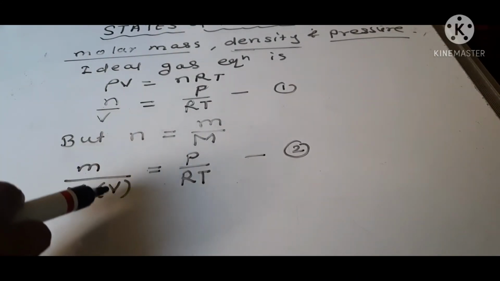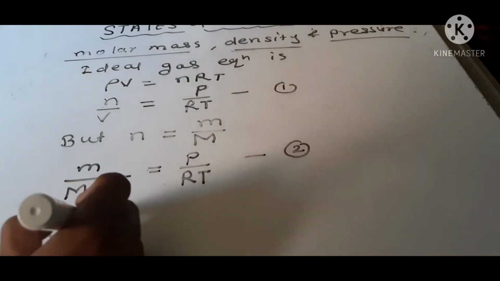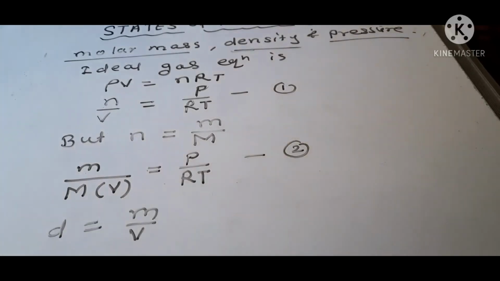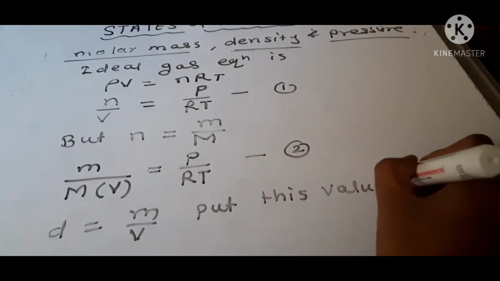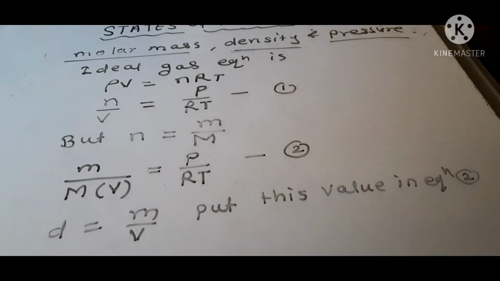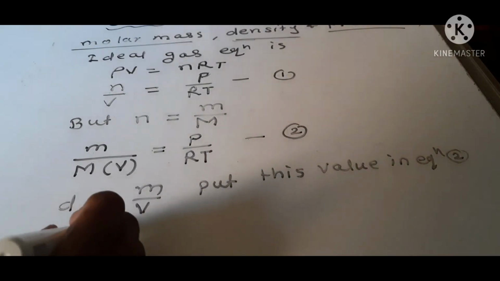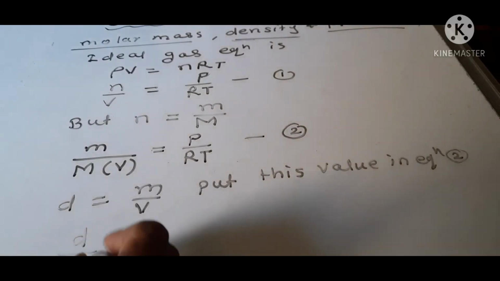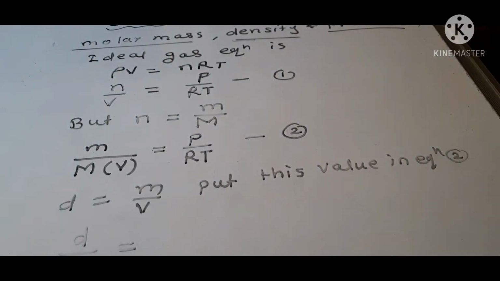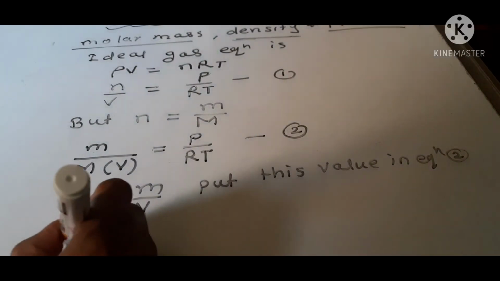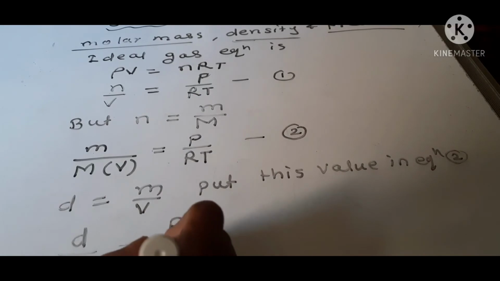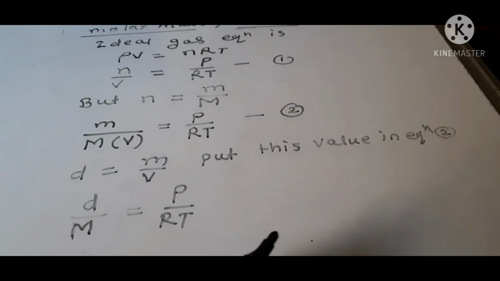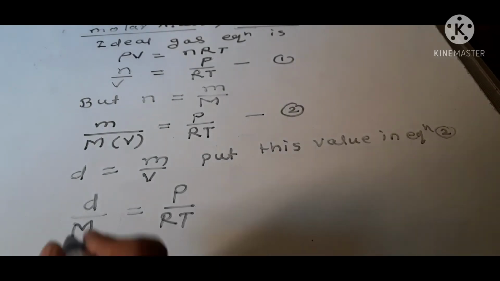So D equals m upon V. Put this value in equation 2, we get D upon capital M equals P upon RT.